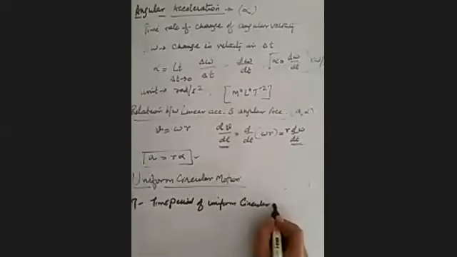It is the time taken by the object to complete one revolution on its circular path. तो जितने टाइम में अगर यहाँ से जाने में पार्टिकल को P से जाके वापस P पे आ जाता है, तो जितना टाइम लगता है उसको हम उसका टाइम पीरियड बोलते हैं. So time taken by the particle to complete one revolution is called the time period of uniform circular motion, and it is represented by T and its unit is second.